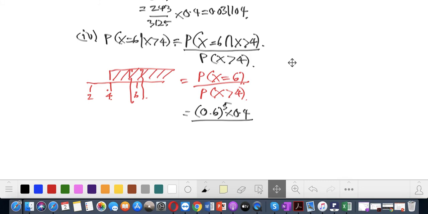We just did that, so using that we can find 0.6 to the power of 4. Using those two values, your answer will be 0.6 to the power of 5 times 0.4, divided by 0.6 to the power of 4, which is 0.1296, and my final answer from here is 0.24.